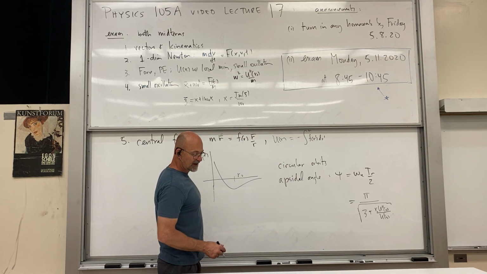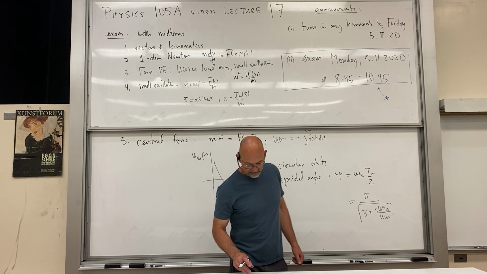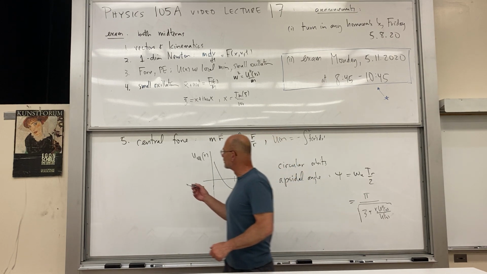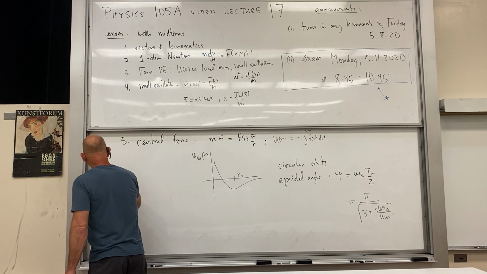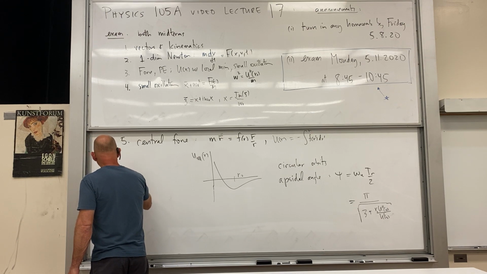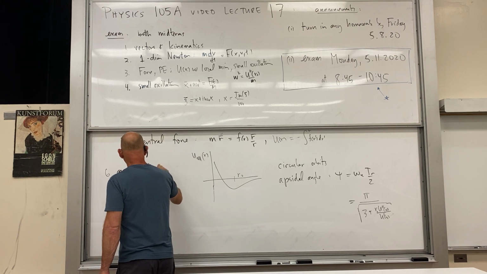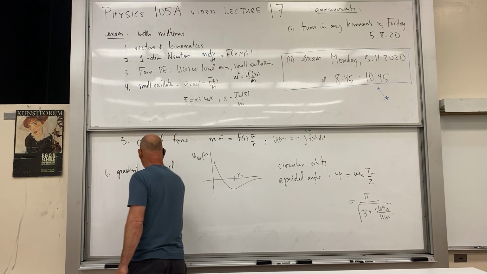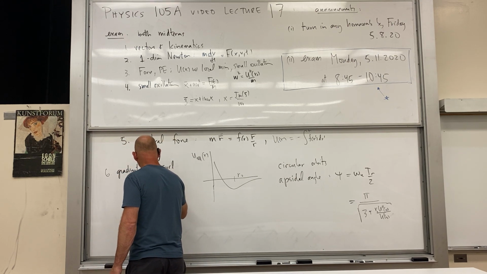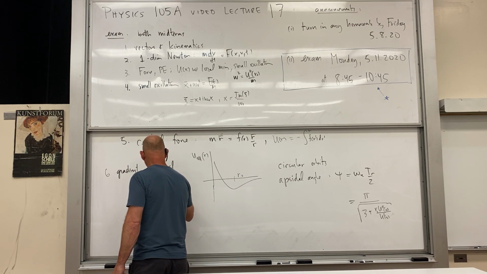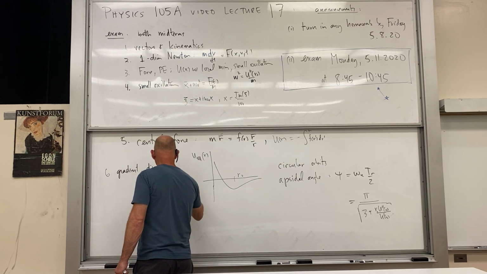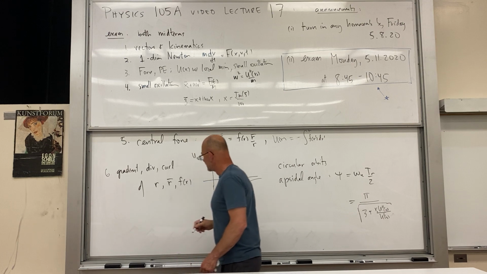Okay, so that's the type of thing as far as we want to get. I should add one more thing that would be fair game: gradient, divergence, curl of these kinds of r, F of r.